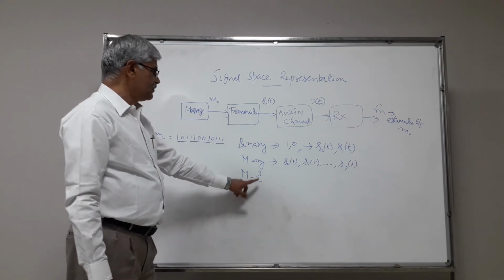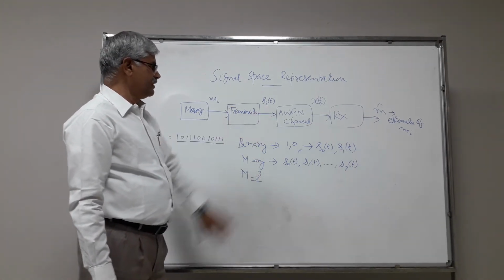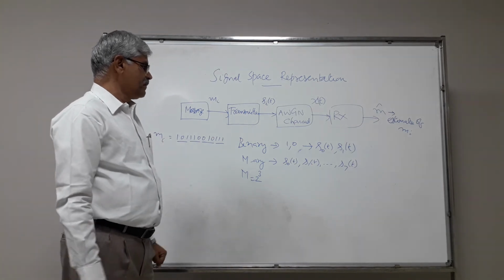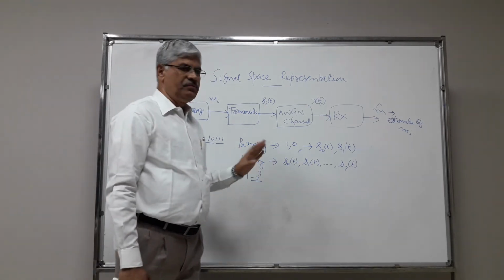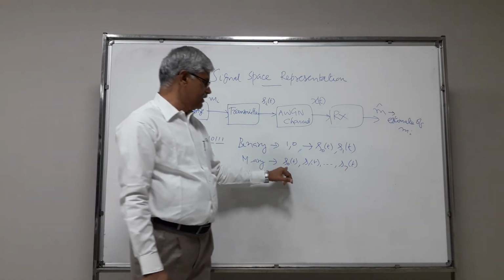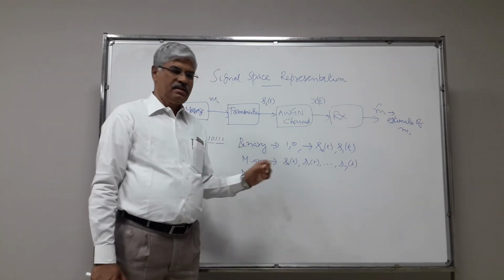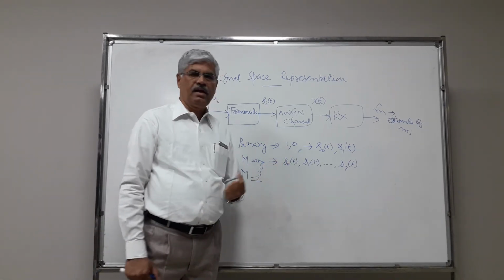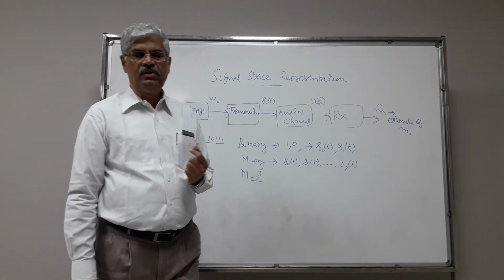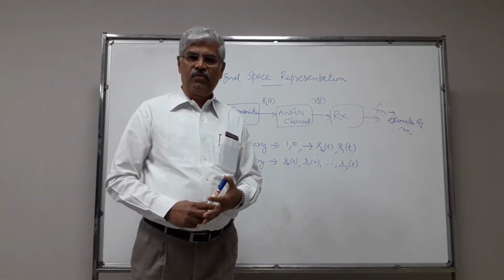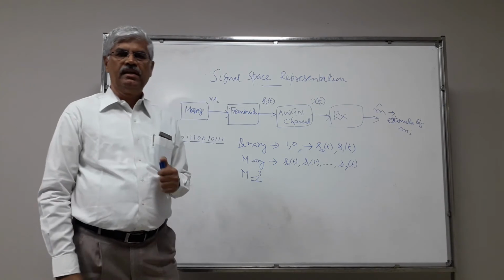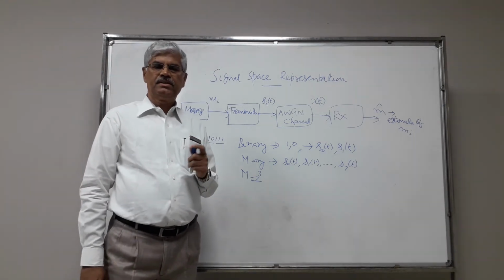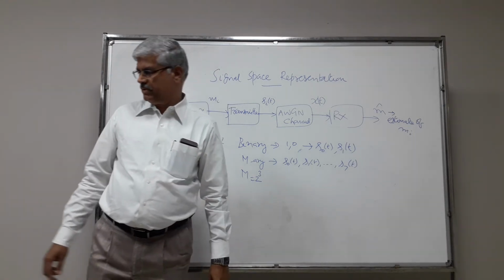So we will select like this. Now let us say we select these signals in such a way that each one can be represented as a linear combination of orthonormal functions. Then it will help us in designing the optimum receiver.